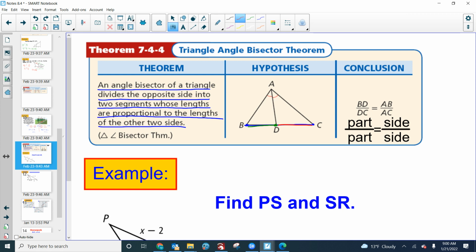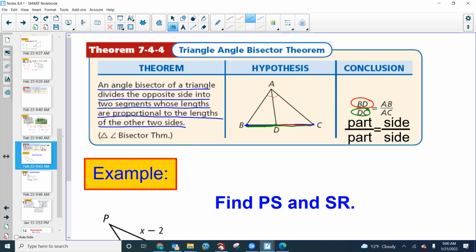Can you see the two parts? Into two segments whose lengths are proportional to the lengths of the other two sides of the triangle. It's much easier if you just look at it. Where's BD? Right here. BD over DC. So part over part.